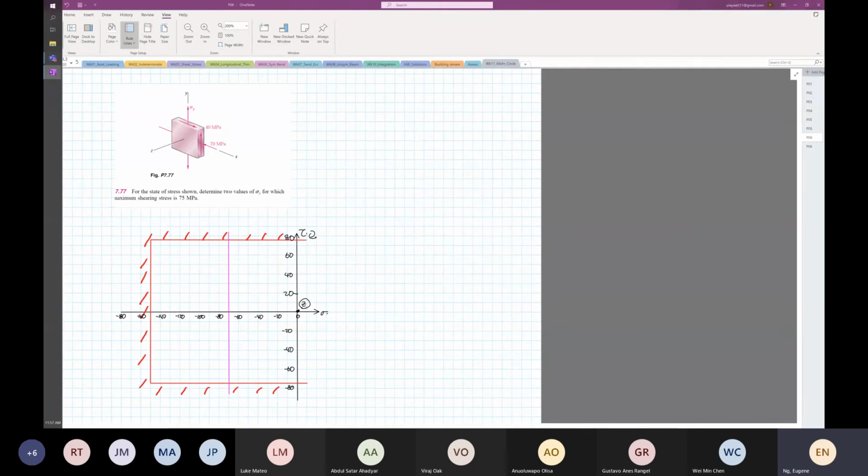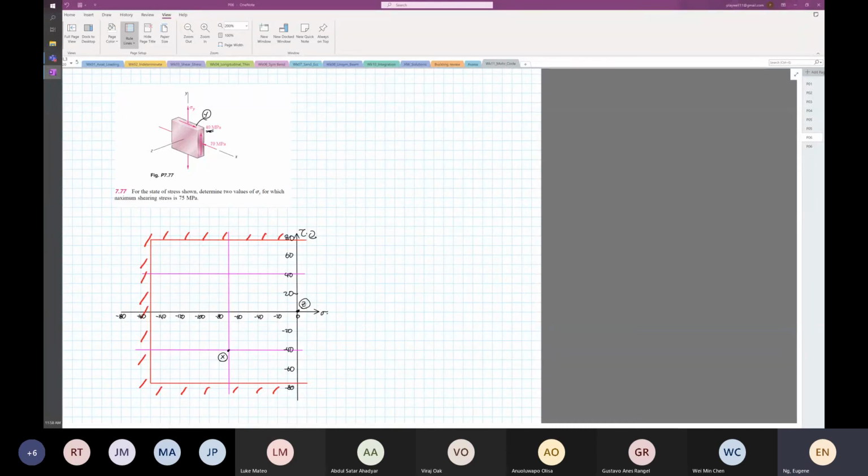Now, point Y is controlled by the 40, because if you look at the question, point Y over here has to have a shear of 40 also. So the 40 is also another controlling point. So we know that this is our point X.